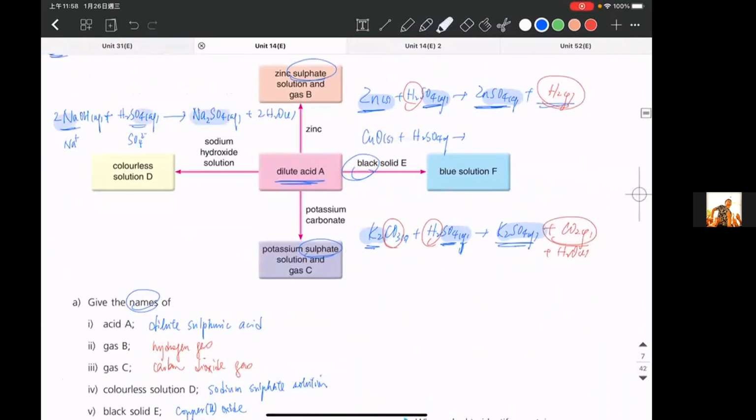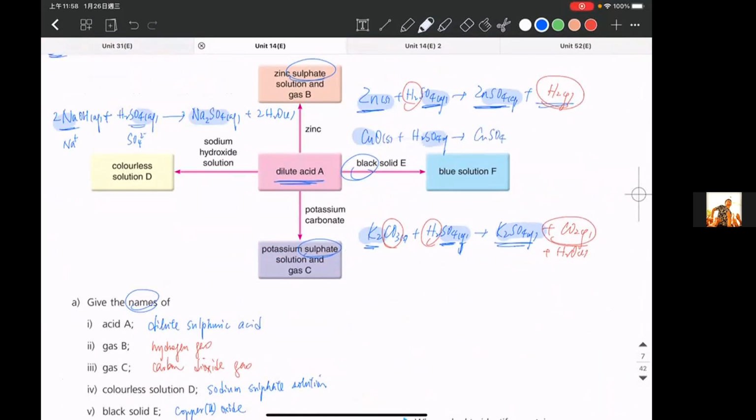Okay, can you see that? So you do the same tricks and you may get this, the copper 2 sulfate AQ together with what? Can you see that? It is H2O.